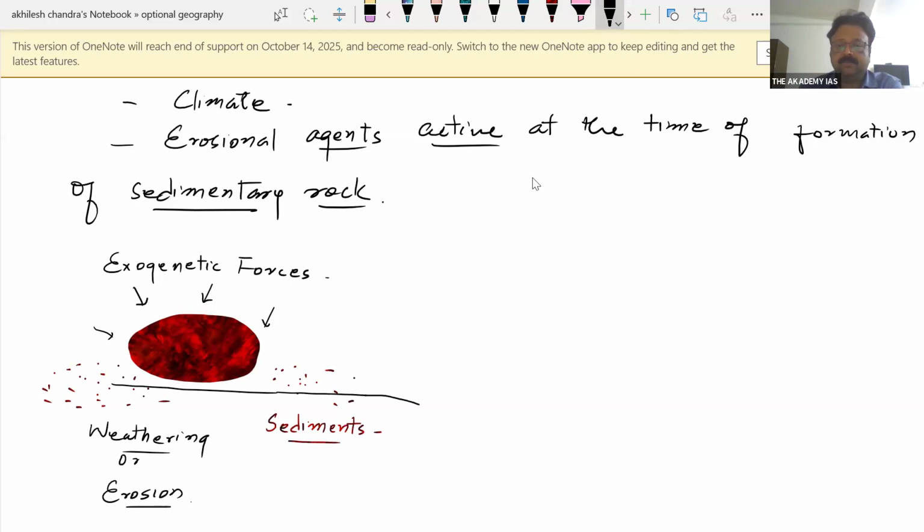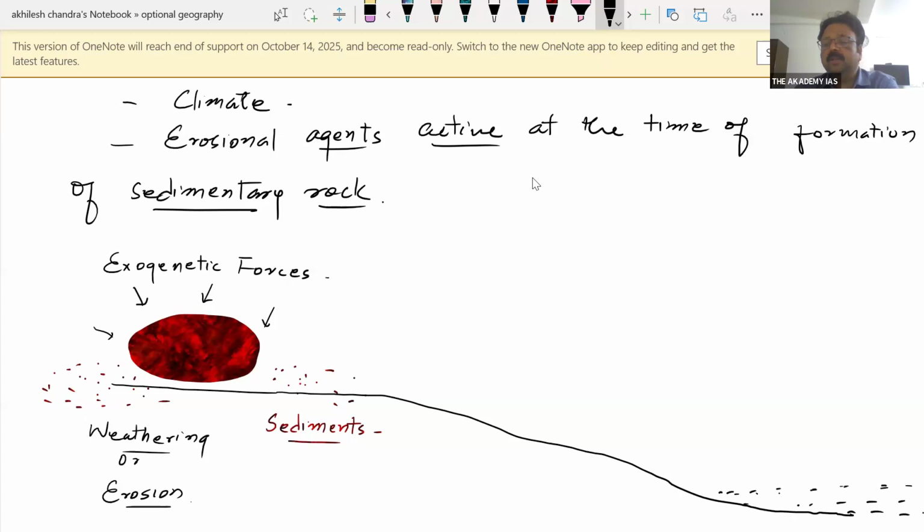Now this sediment get transported and get deposited in a shallow water region. So there must be a shallow water region. It may be lake, it may be ocean, it may be glacial lake or anything, but certainly there should be a shallow water region and there is transportation that takes place.